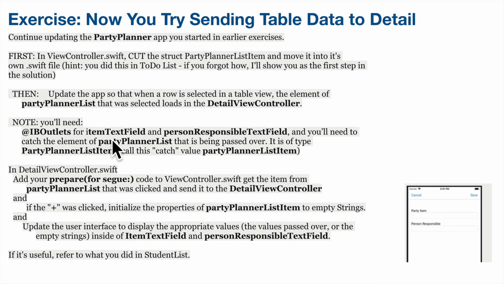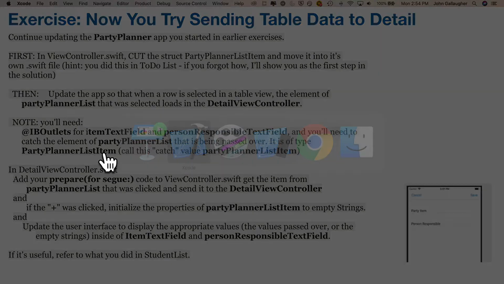I need to create a catch value to catch an element of party planner list. That's what's inside of my table view that I'm passing over. And I want to call this partyPlannerListItem, lower camel case, and it's of type PartyPlannerListItem, upper camel case.